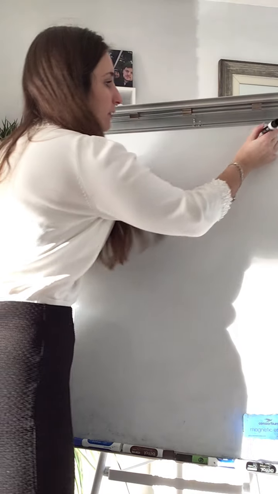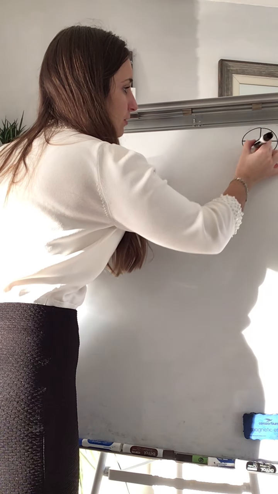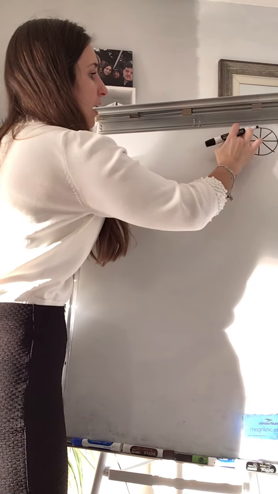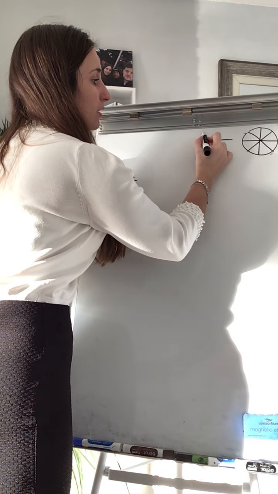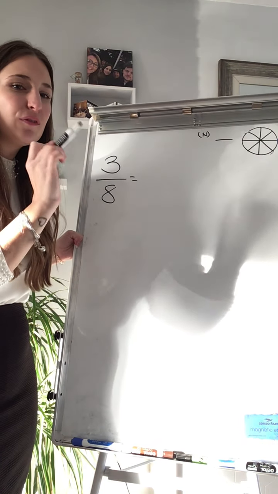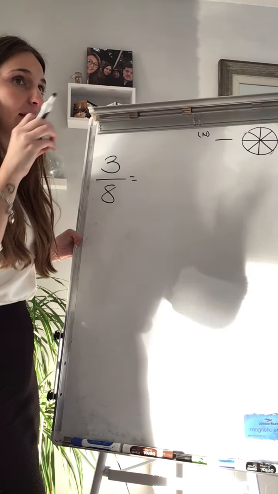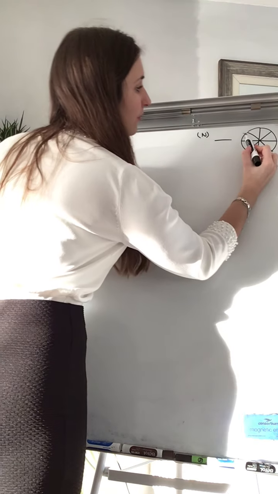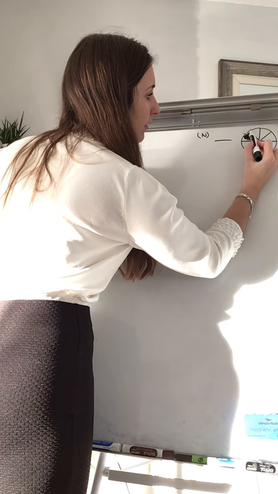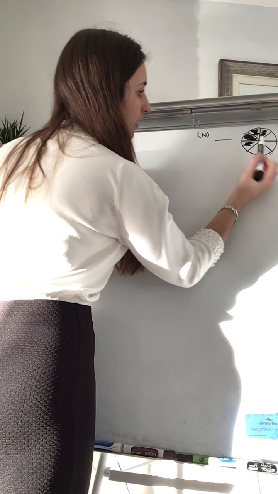And then remember that with all my fractions, I am showing with my numerator the number of pieces that are taken or that are being shaded. For example, I'm going to get 1, 2, 3, and 4.